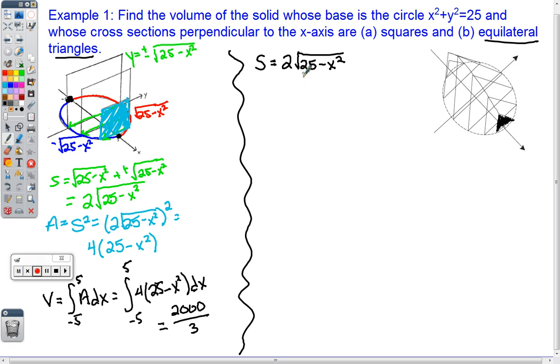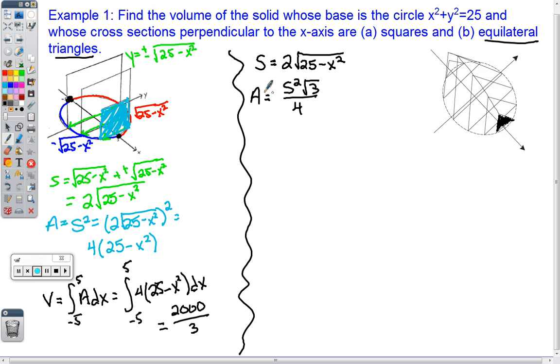Hopefully you do. The area of an equilateral triangle is s squared root 3 over 4. There's a reason I made you memorize this. It's not just for my entertainment. You actually have to know these.